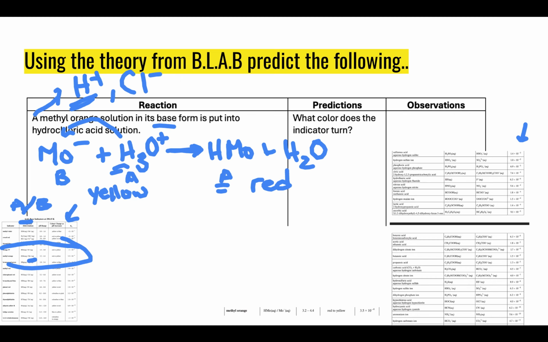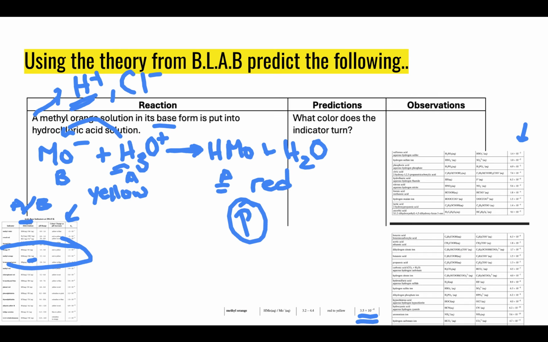Now, if we weren't sure that we had a strong acid and know for sure that the products are not only favored, but we're getting all products, and instead we had to compare it, we would be able to look at the value of the Ka, just seeing it a little bit more clearly here, and we would be able to put it on the table.